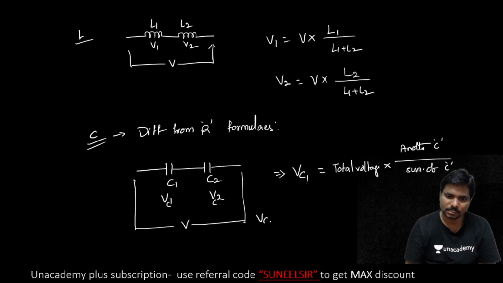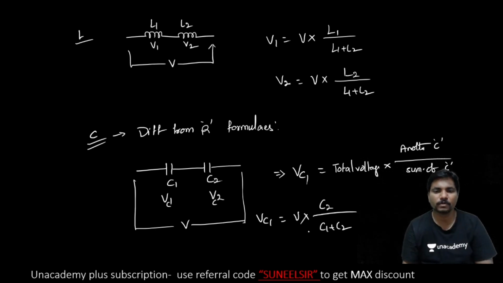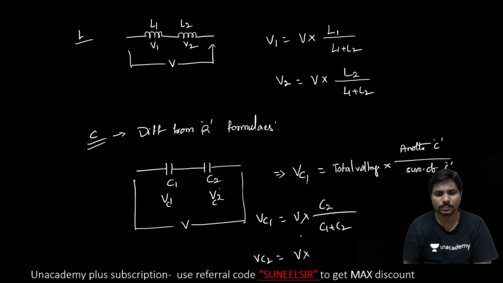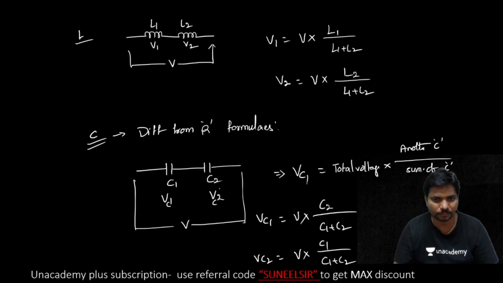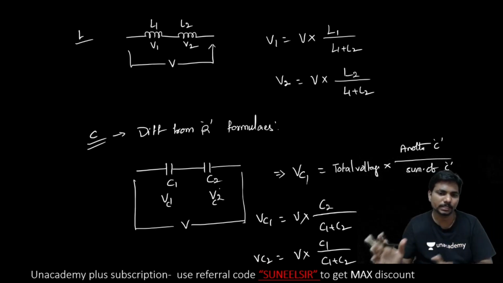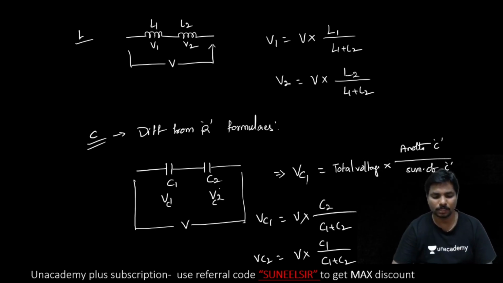That means VC1 is equal to total voltage V into C2 by C1 plus C2. So the formulas are different. VC2 is equal to total voltage into the other side capacitance C1 by C1 plus C2. So we have a difference from the resistor formulas for capacitance. In the resistor case, it was the same resistance by the sum of resistances. Here it is the opposite capacitance by the sum of the capacitances.